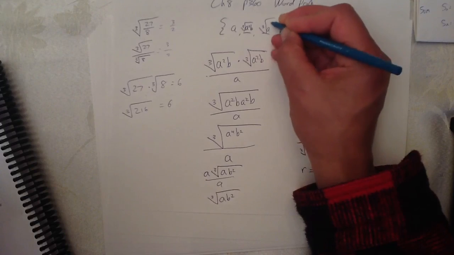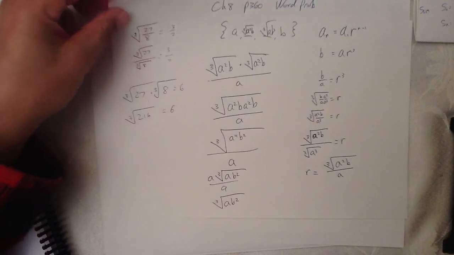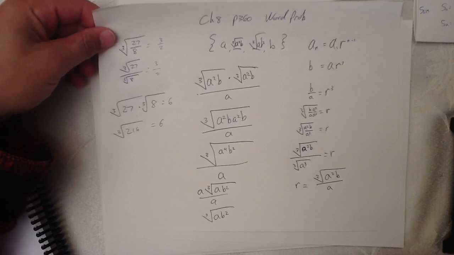Cube root A B squared. That sucks so badly. That is just the worst time I've ever had doing math.